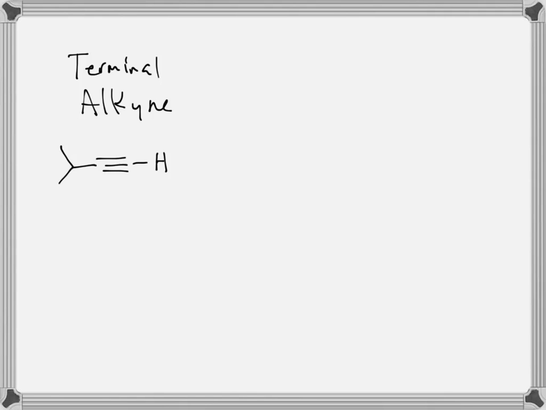What's special about that? Due to the hybridization of that carbon being sp hybridized, it's now increased in electronegativity, which means, what does it do to the electrons in the bond between the carbon and the hydrogen? Pulls them towards it. If we push that to the extreme, what's our result?